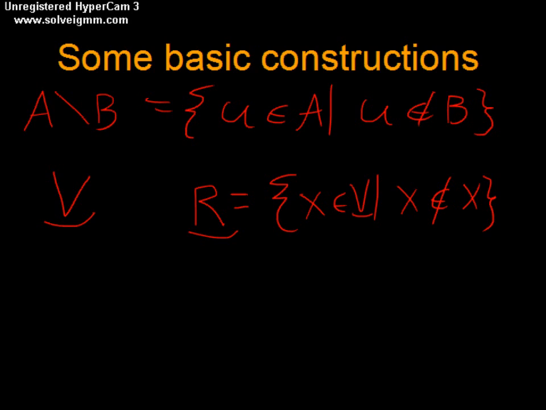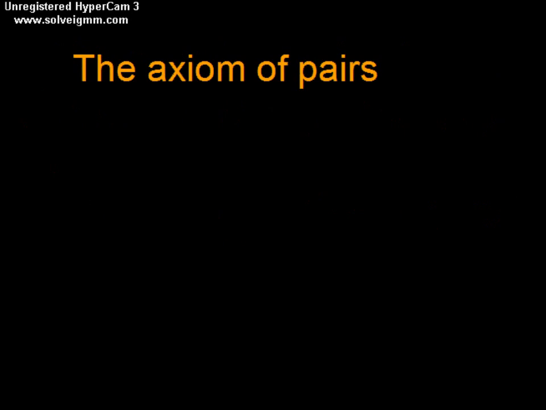Now, so far, we only have the empty set, and we have no other sets. So now we will see some axioms that provide actual new sets. The first axiom which will actually provide new sets is the axiom of pairs, and it says that if A and B are two sets, then we can form the pair A and B, and this is a set which contains exactly A and B as elements.